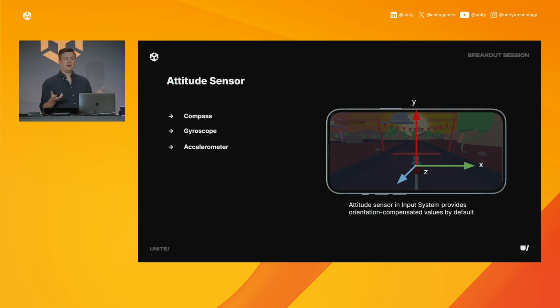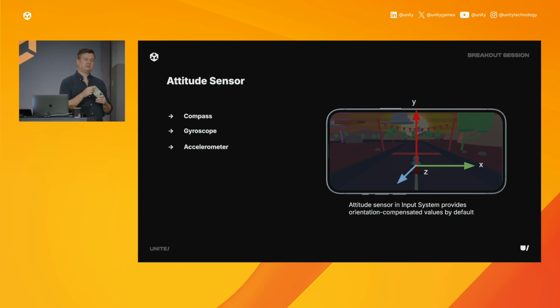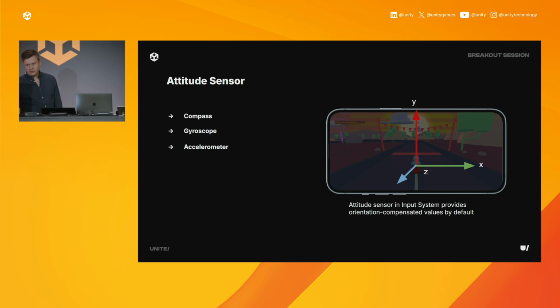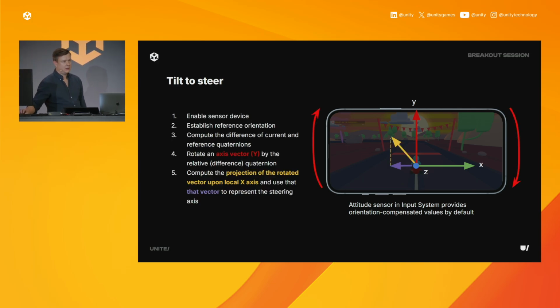And that allows us to reason about how the device is positioned in world space, the real space. And that's very useful for this. But to achieve this particular feature, we also need to do a little bit of work. So I'm thinking about something like this.